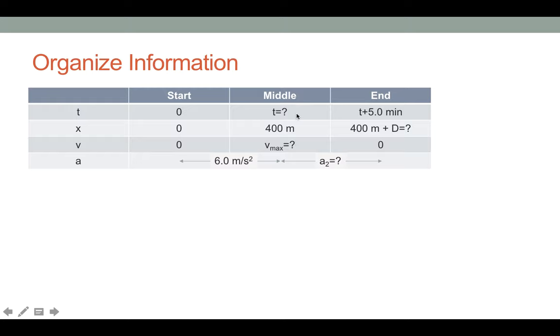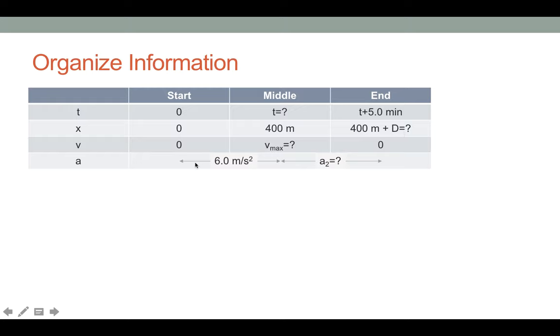We don't know when this occurs, so we'll simply call that t equals unknown. Then at the end, we know this is 5 minutes after the middle point, so we add 5 minutes to t. That's when the car again comes to rest. We don't know where that is, but it's going to be some unknown distance d beyond the 400 meters. So that's where the car comes to rest again.